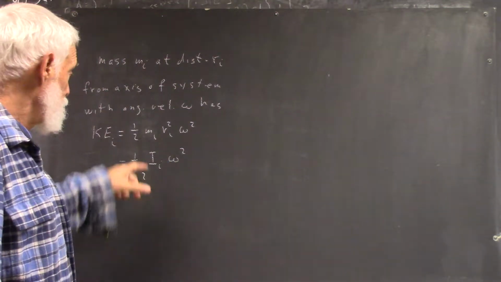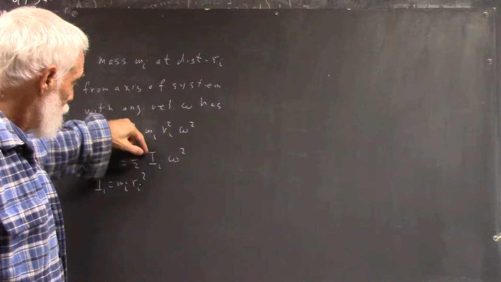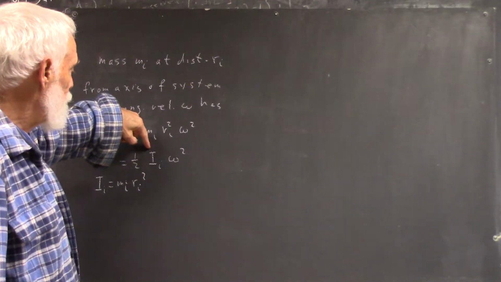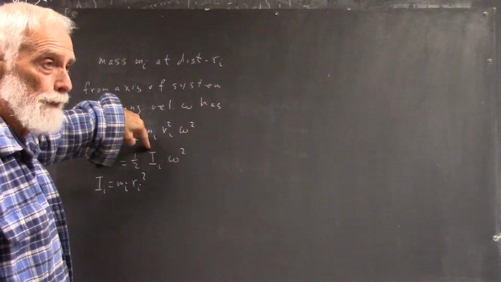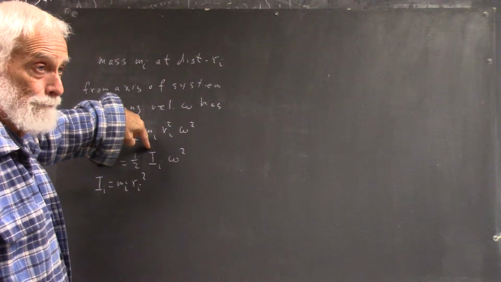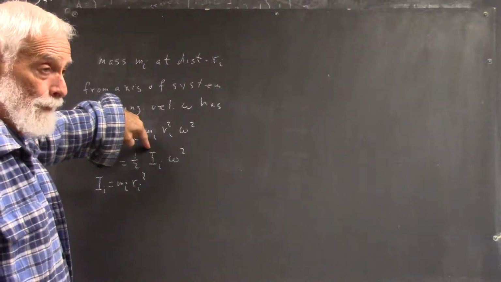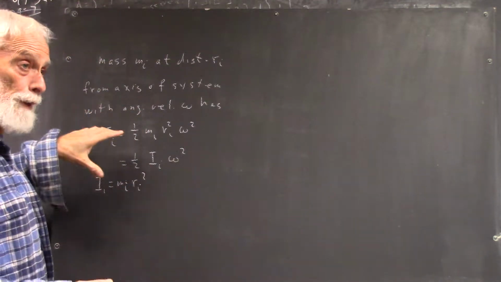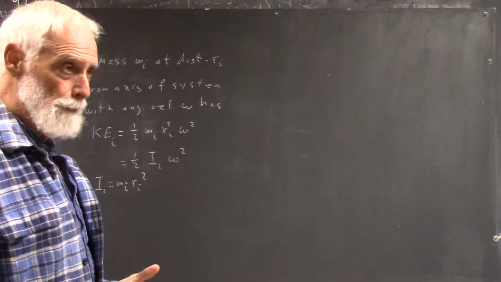Okay? And I sub i is what we call the moment of inertia of that mass. Now that magnet is not a point mass. This would have to be a point or point-like mass. We're treating it as if it's a point-like mass.